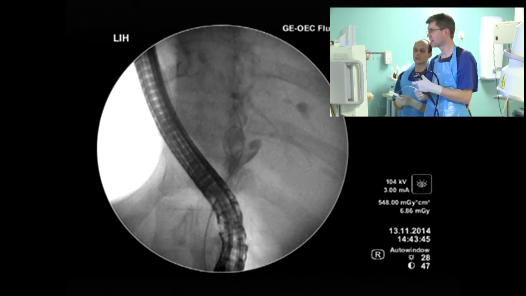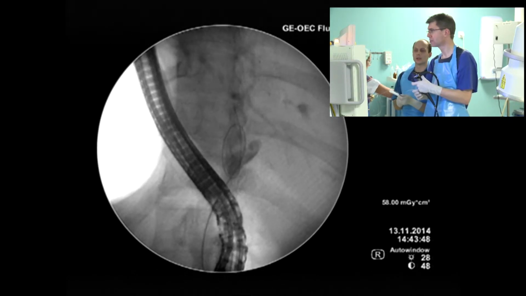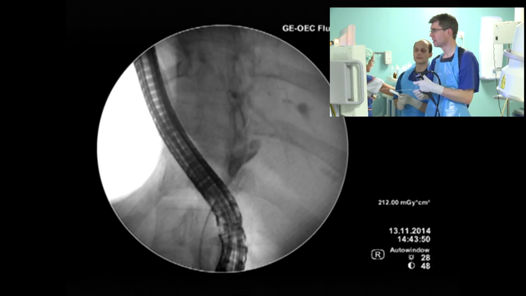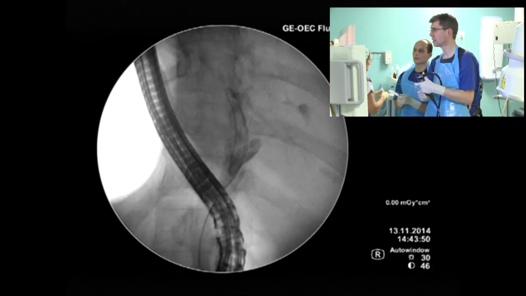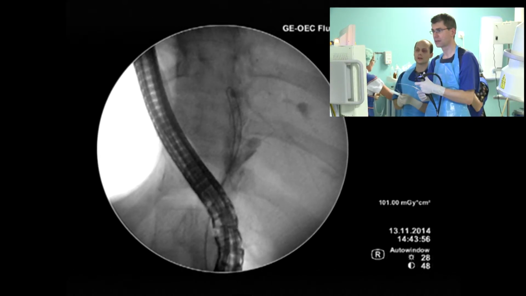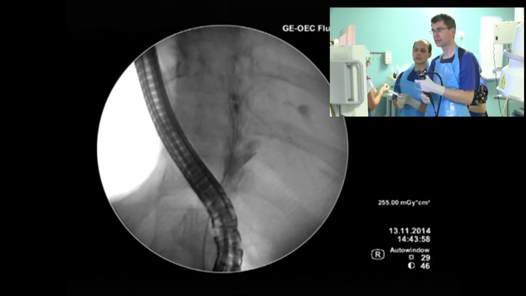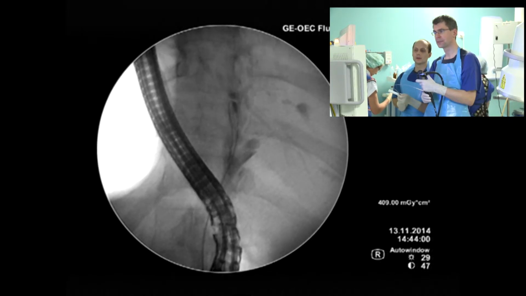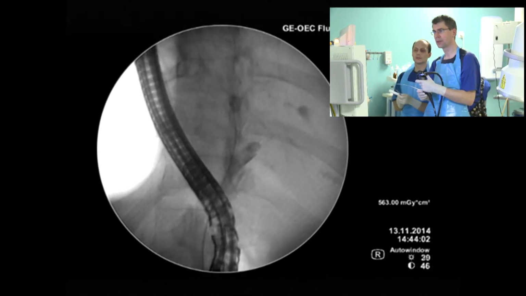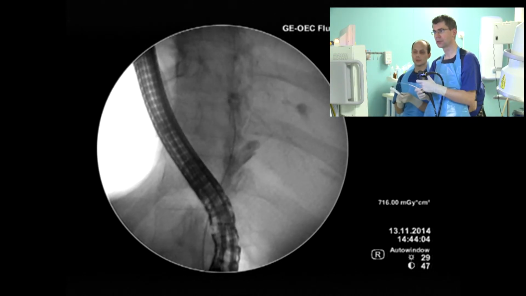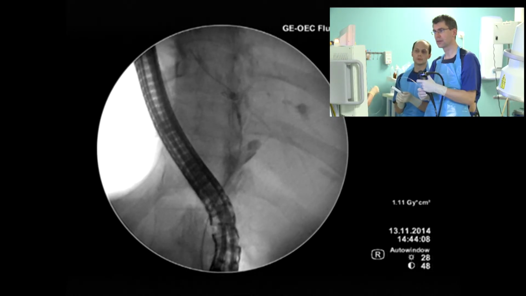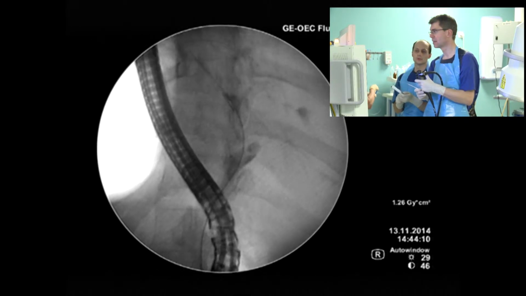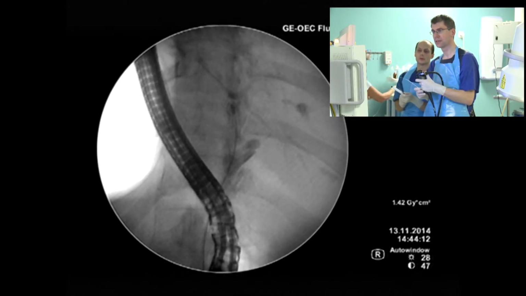You see, there are some technical difficulties since the duct wall is very dense. We cannot move the guide wire rather far away, but we're lucky that we actually can get into the ducts.